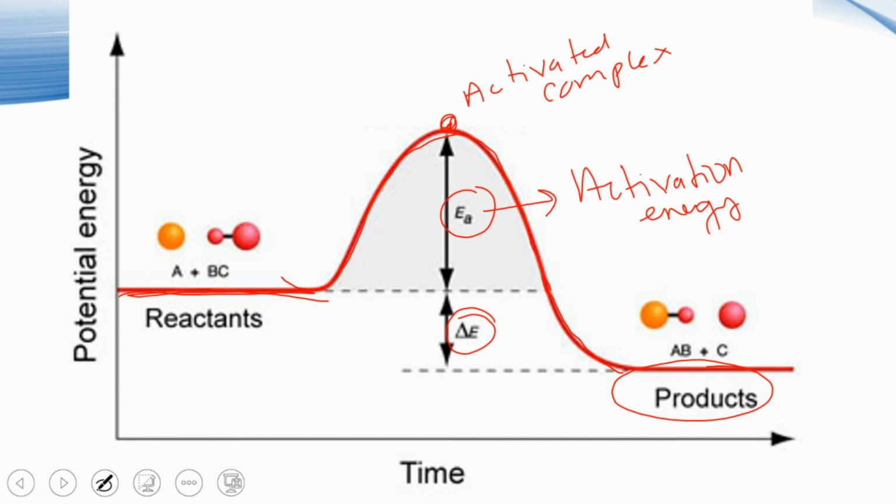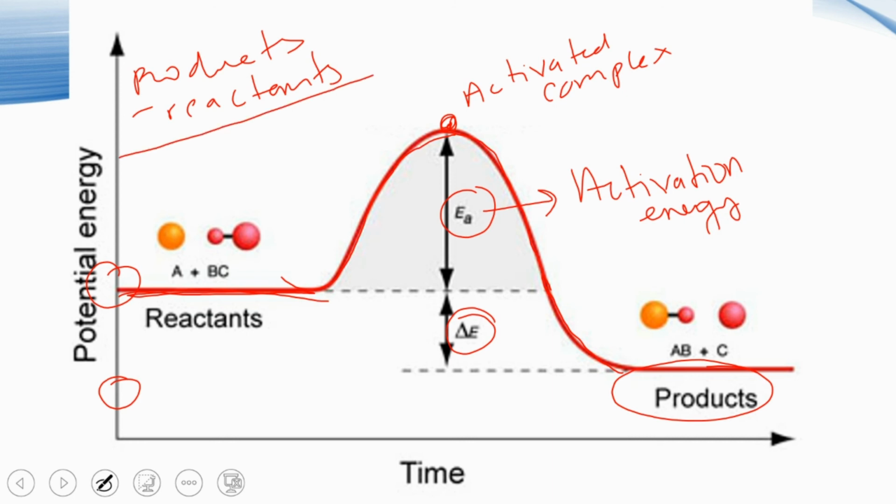We have to look at the difference. If our reactants are higher than our products, then, actually, let me explain it a different way. We always want to do products minus the reactants, because you will always be given some sort of value for the potential energy.